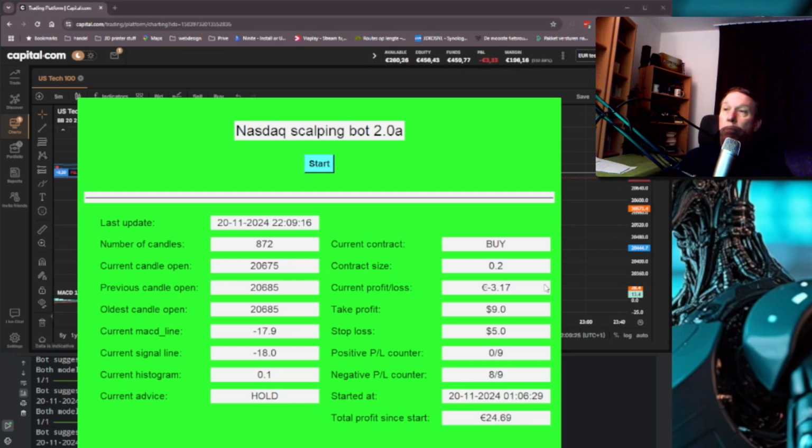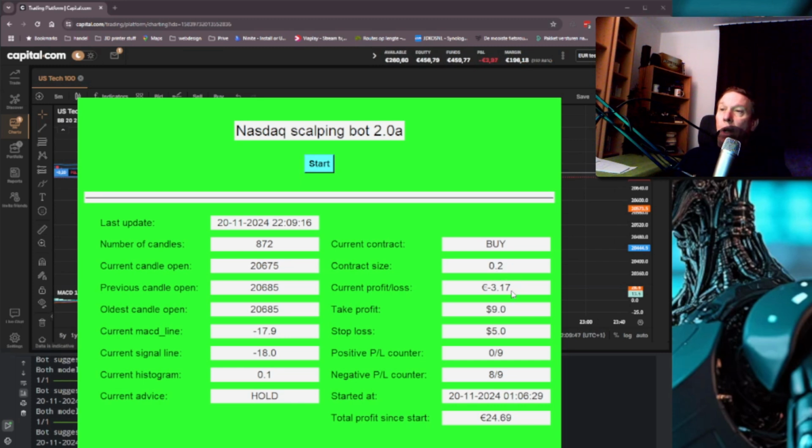So there is a position. Did it just open a position while I was talking? Yes, there is. And I see that the contract size just went up, because it was 0.1 all day, to 0.2.